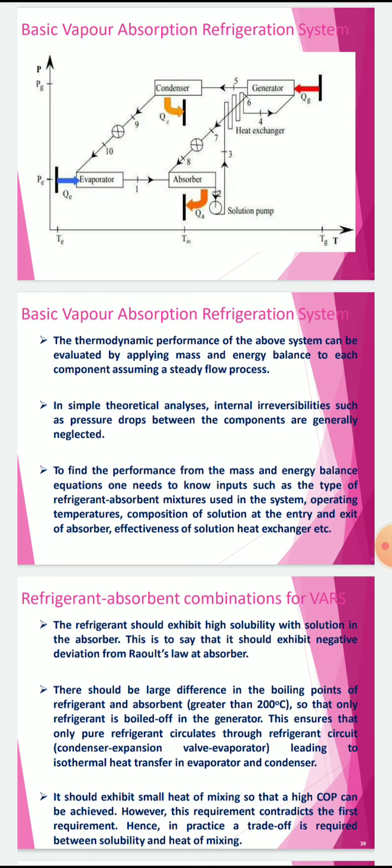To find the performance from the mass and energy balance equations, one needs to know inputs such as the types of refrigerant absorbent mixtures used in the system, operating temperatures, composition of solution at the entry and exit of the absorber, effectiveness of the solution heat exchanger, etc.